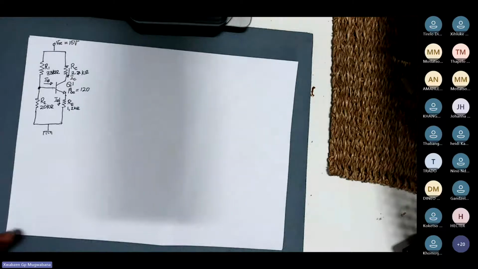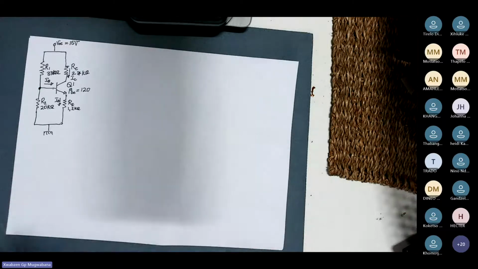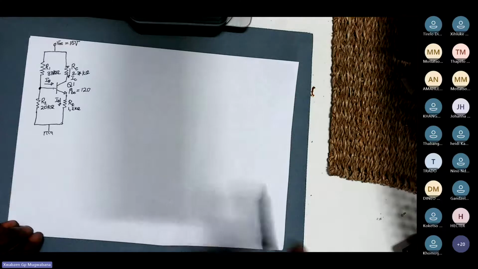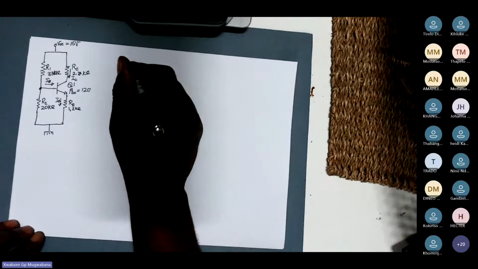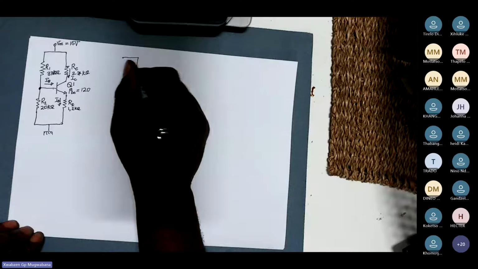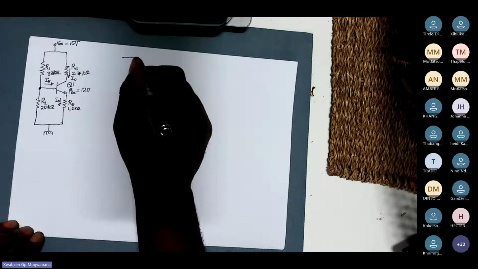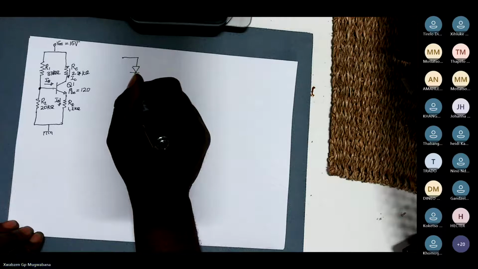Now, this simply means that if you look at the following structure, which is your DC analysis, this is your ideal DC analysis of a transistor. I've already discussed this issue with you.